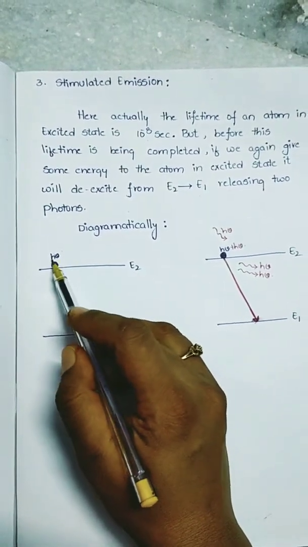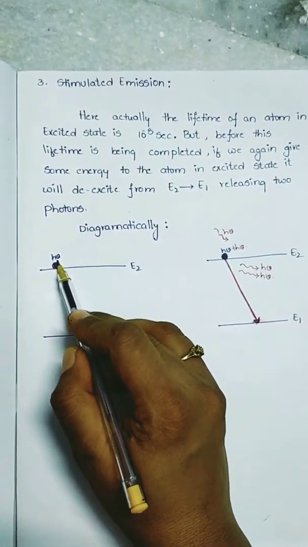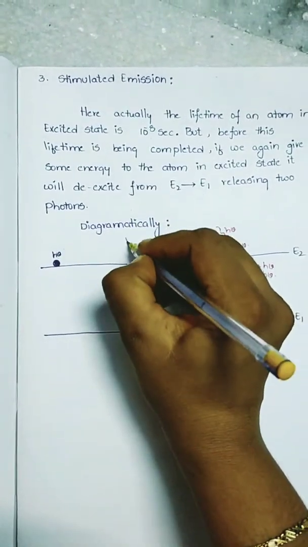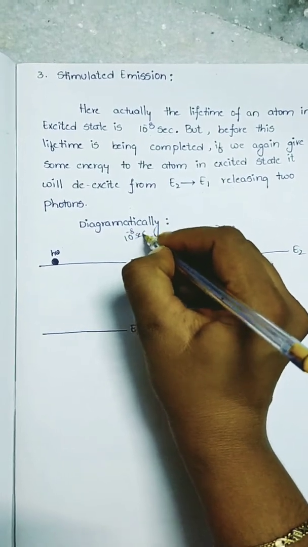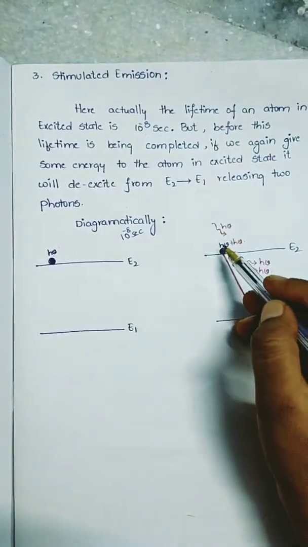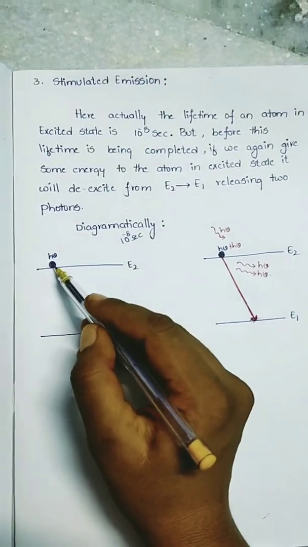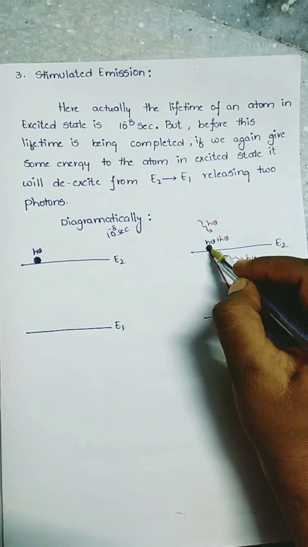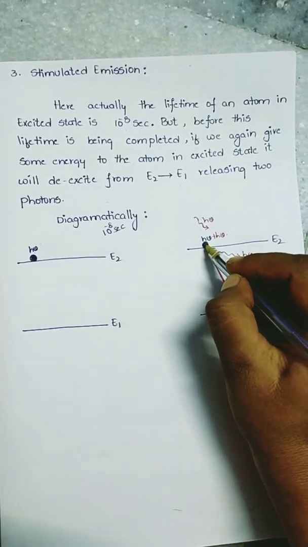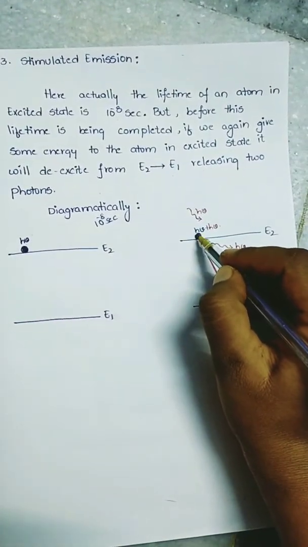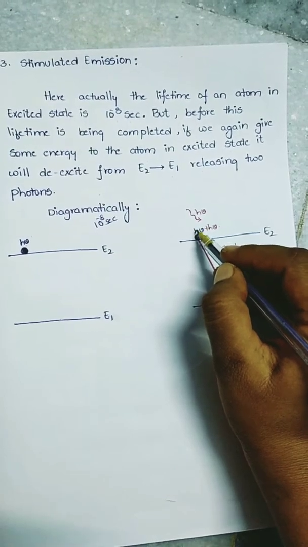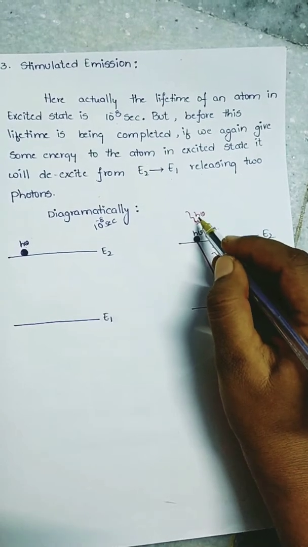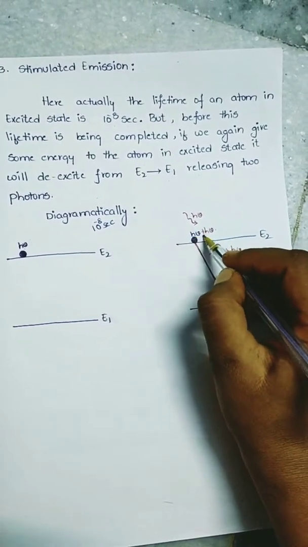which has an energy of h nu, but before it completes 10 to the power of minus 8 seconds, if we again give some more energy to this atom, that means again I am representing it here, this atom has h nu energy, but before it completes 10 to the power of minus 8 seconds, once again I am giving some energy, that means h nu plus h nu.